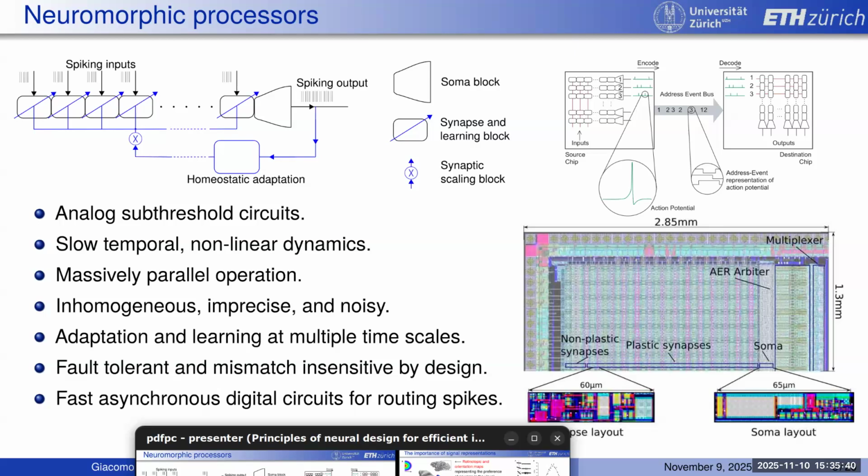Whenever a neuron spikes, you can see it here, for example, if neuron number 3 spikes, then you can put the address on a digital bus and send it to a destination, which will decode it. And whenever any other neuron spikes, you just put the address on the bus at the time in which it spikes. So this is called address event representation, AER.